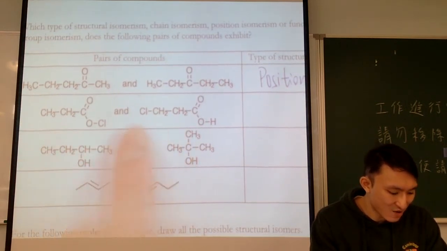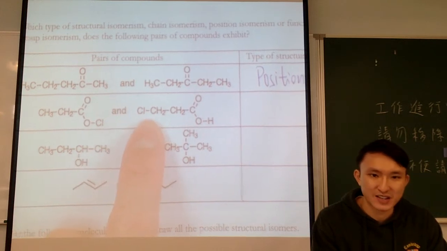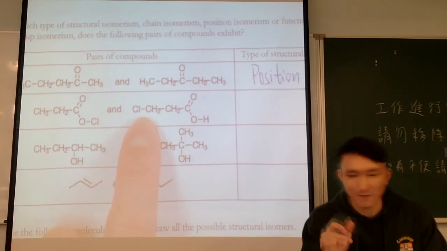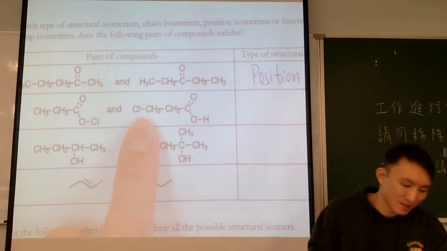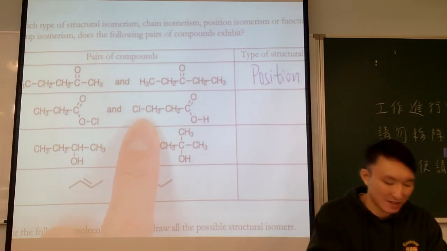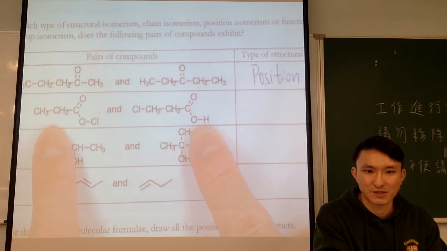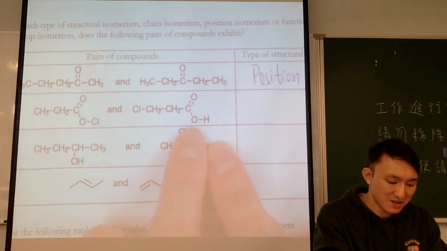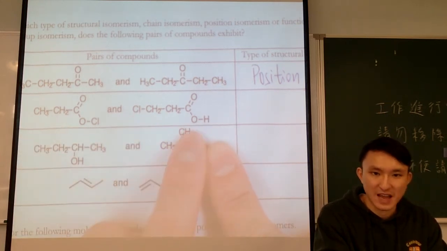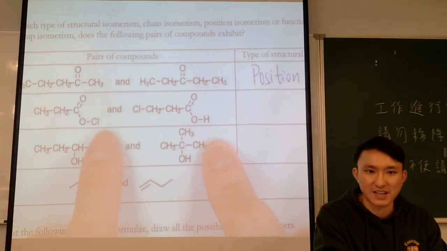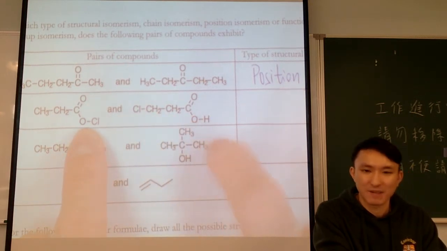For this one, the Cl, one is over here, one is over here. Then again, you may think, oh, is it position isomerism? As a matter of fact, it is not, because these two already have two different functional groups. Here we have a carboxyl group, but here this is not a carboxyl group.